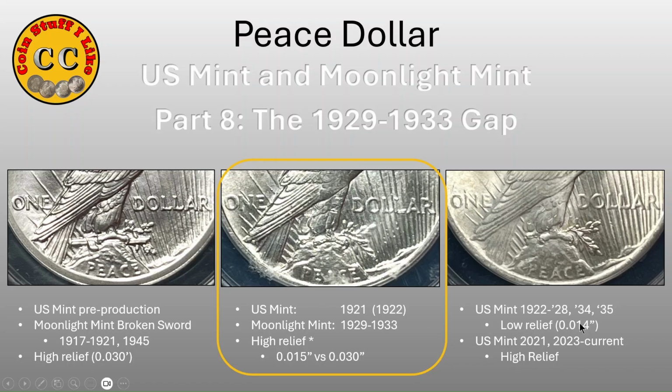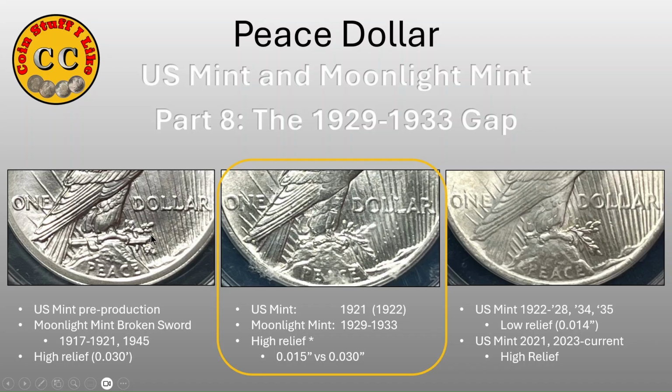They lowered that to 0.014 inches for the rest of the production at the U.S. Mint until the most modern ones, starting in 2021, where they resumed the high relief reverse. Now, the other difference is that before the Mint went to production, in the pre-production designs, there was a broken sword design, and the Mint sort of last minute eliminated that, and it never went into the actual peace dollar production.